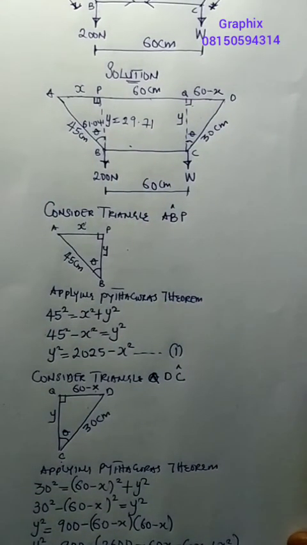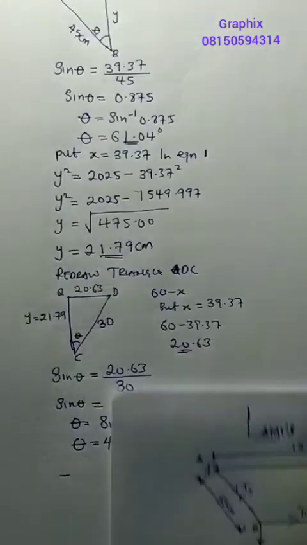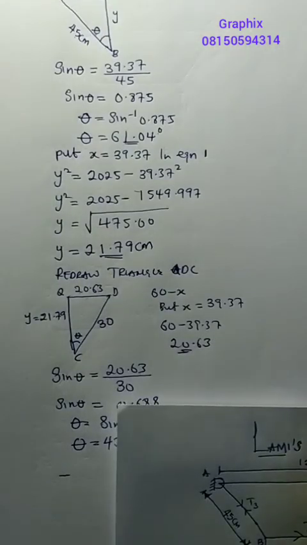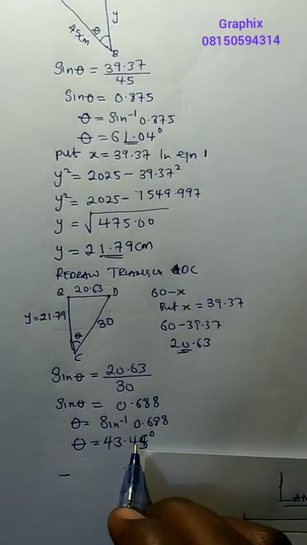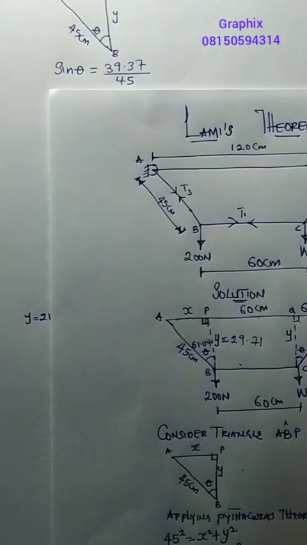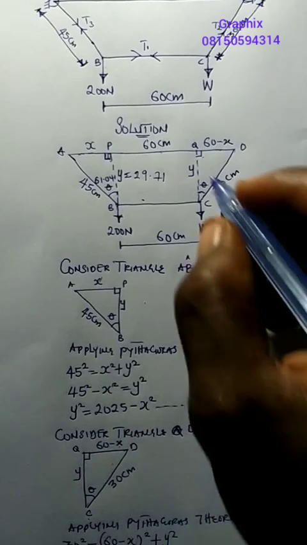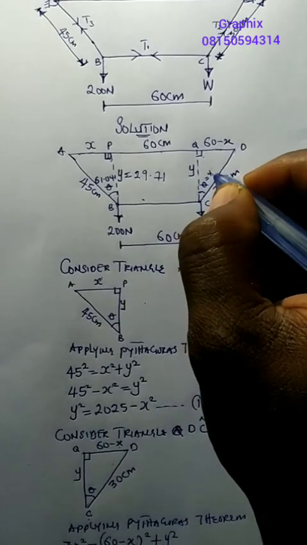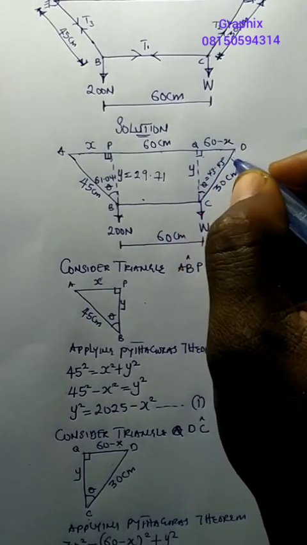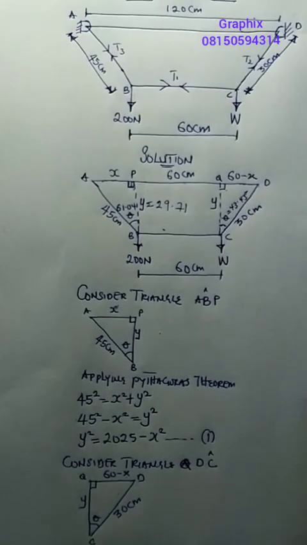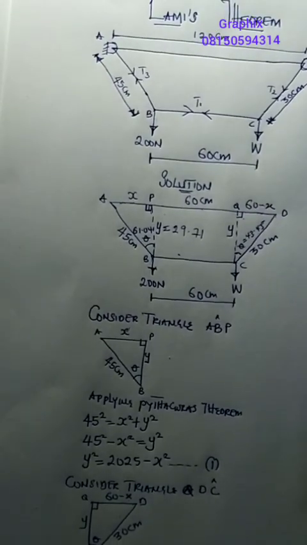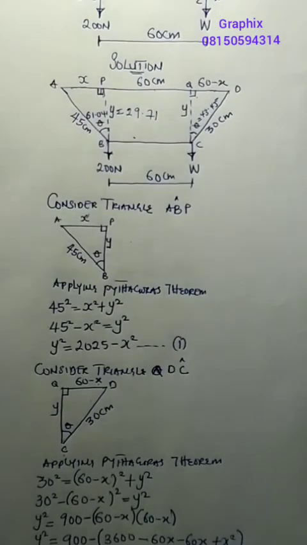Then my theta 2 here will be giving us 43.45. So I'm going to put it here. This will give me 43.45, right? So that is what we're actually looking for. So now if I redraw this properly, I'll be having something like this.